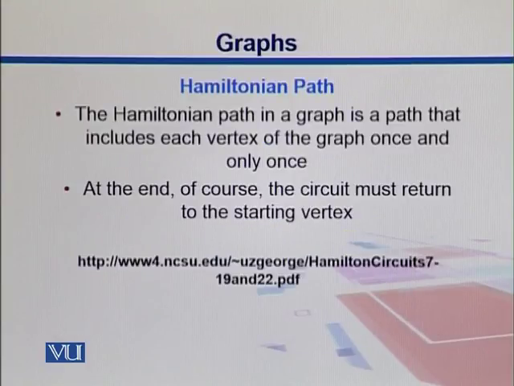A Hamiltonian path in a graph is a path that includes each vertex of the graph once and only once, and at the end, of course, the circuit must return to the starting position. In graphs we explore paths. A path is when you start from one point, move to another, and move to the third. So the routes through that network we call paths. One of them is the Hamiltonian path.